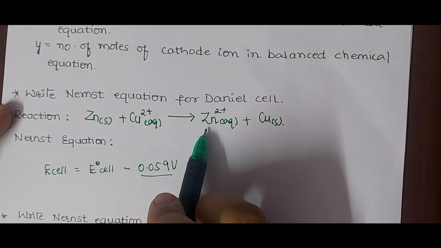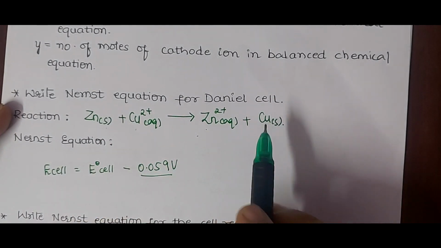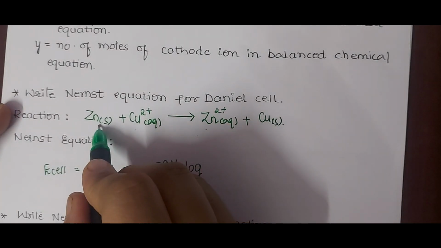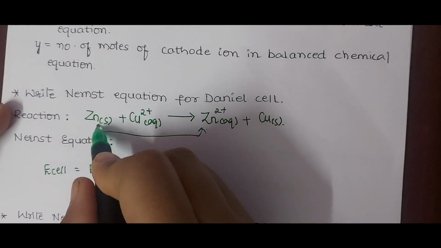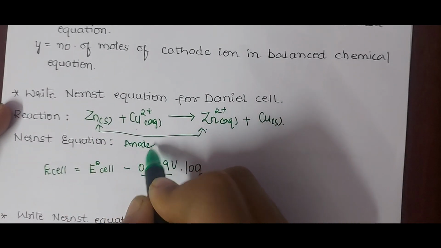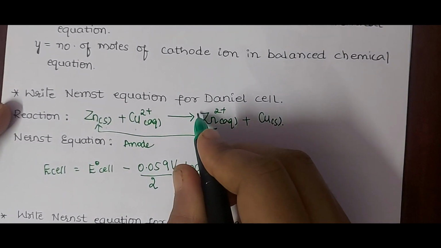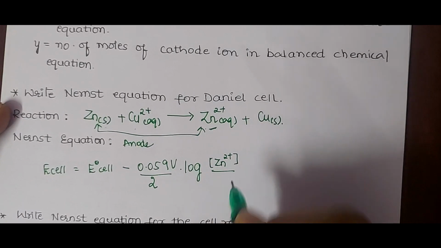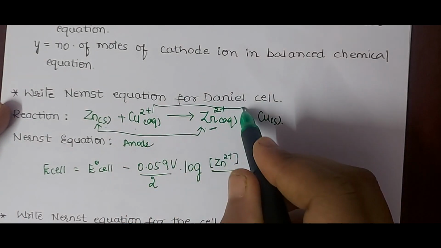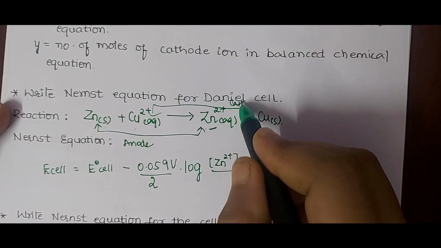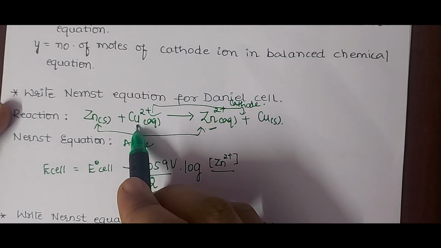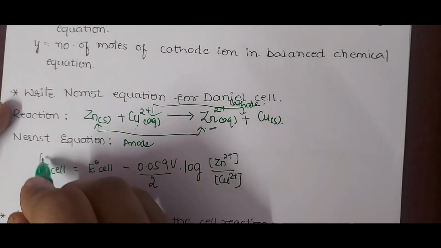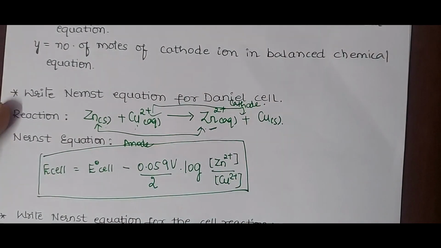Zinc loses 2 electrons, copper ion gains 2 electrons. So n is equal to 2, into log of the anodic reaction ion, Zn2 plus. You have only 1 mole, so directly you can write the concentration of Zn2 plus divided by the cathode reaction ion, since copper undergoes reduction, Cu2 plus. So this becomes your Nernst equation for Daniell cell.